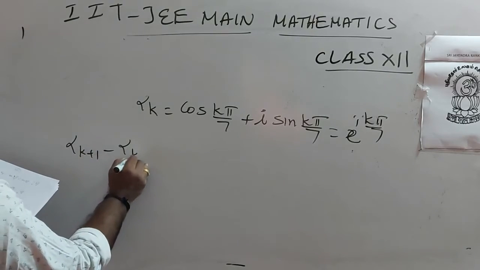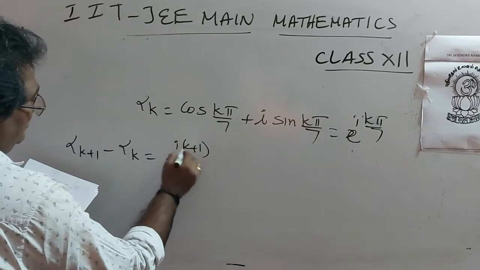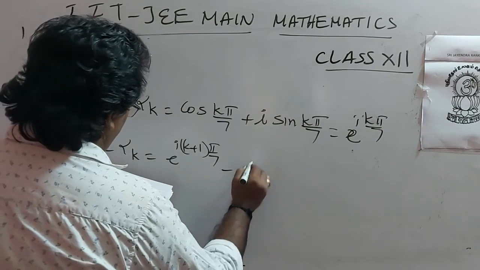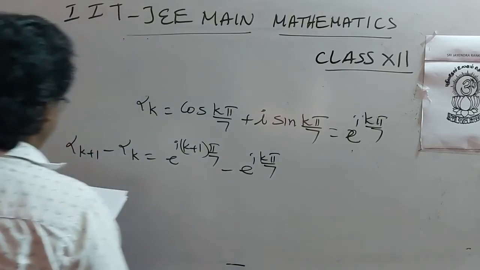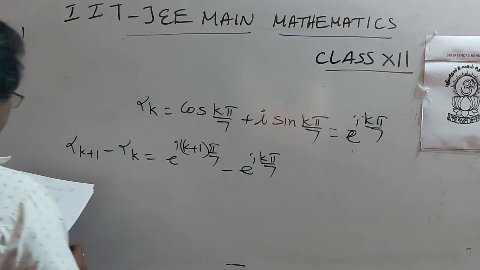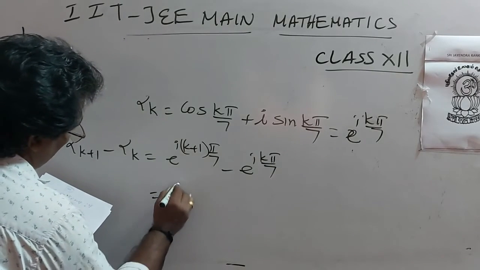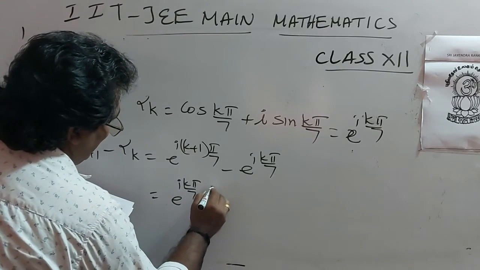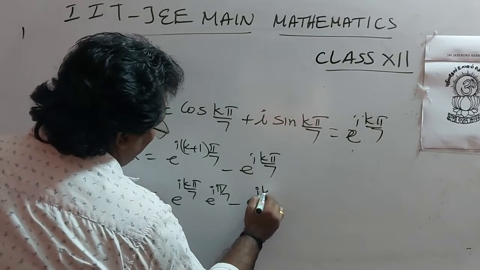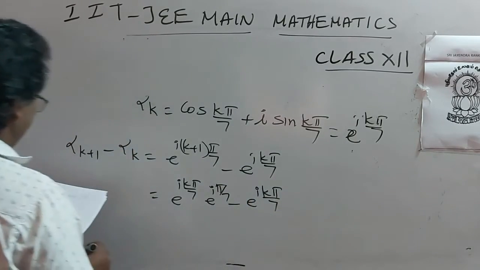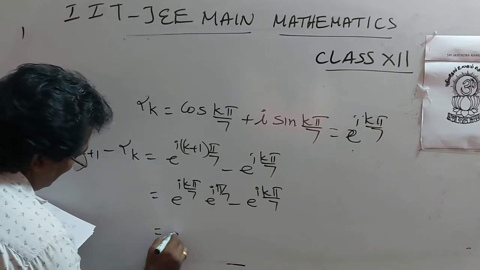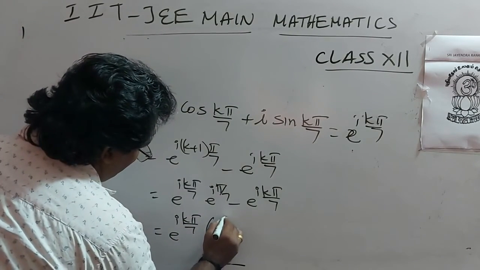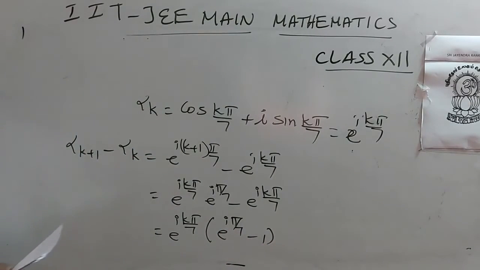Alpha k+1 minus alpha k equals e power i (k+1) pi by 7 minus e power i k pi by 7, which is e power i k pi by 7 into (e power i pi by 7 minus 1).